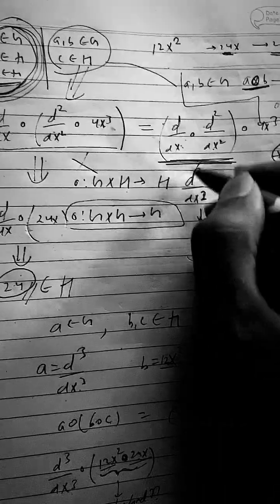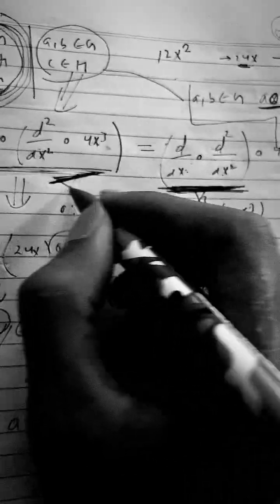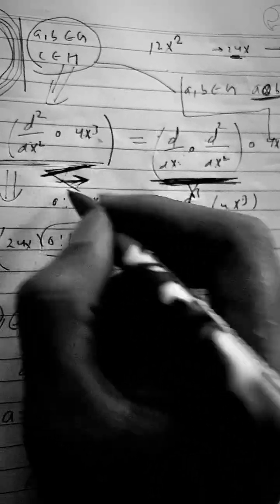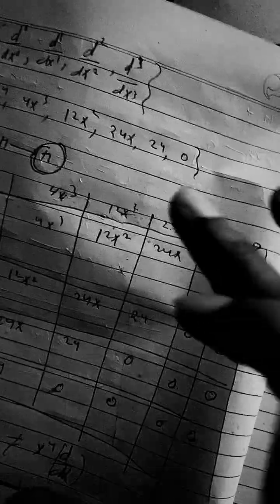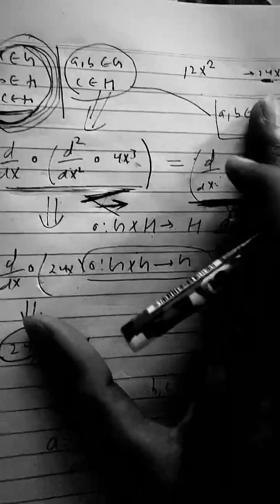You see, it only satisfies the closure property. Associativity is not defined because here this is defined, but here this is not defined. So it is just one way, just a composition happening. So it only satisfies closure, not associativity. There is no associativity in this. There is no commutativity in this.